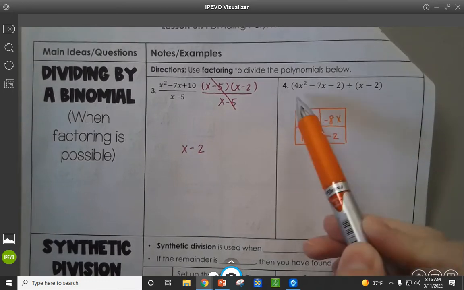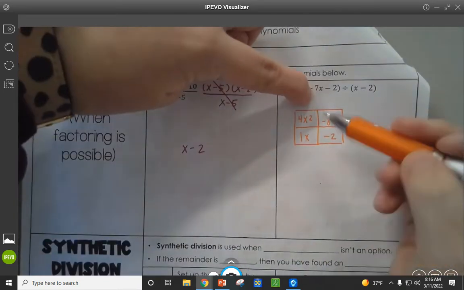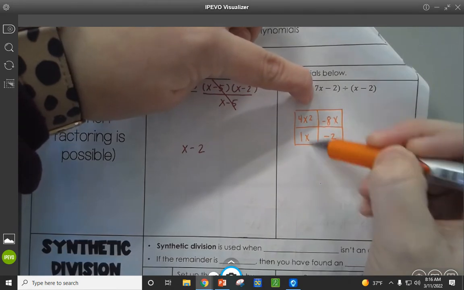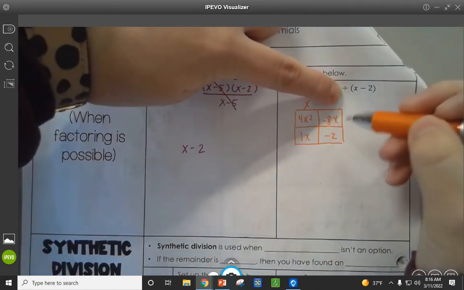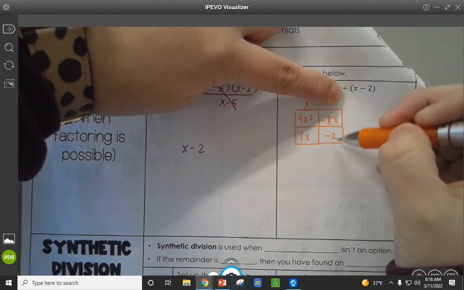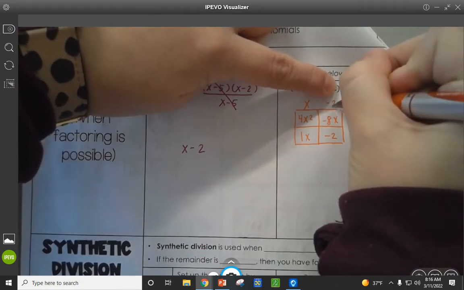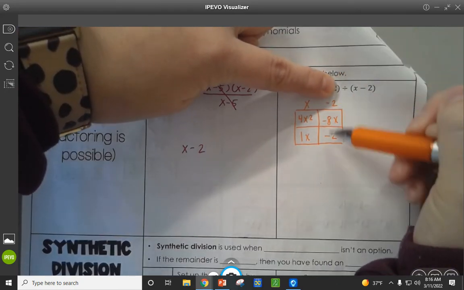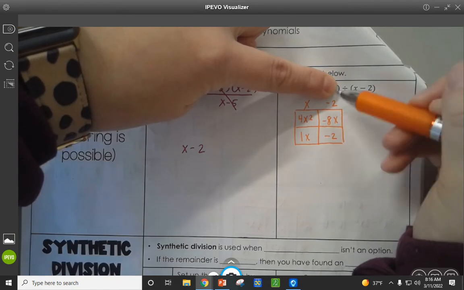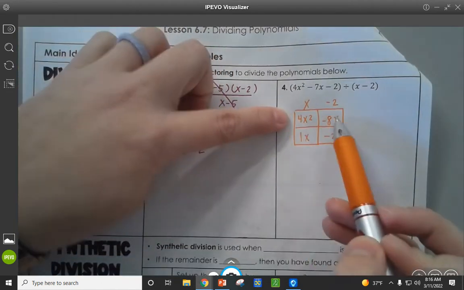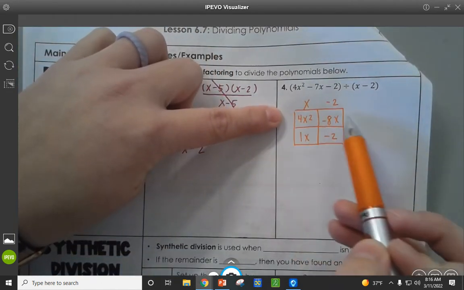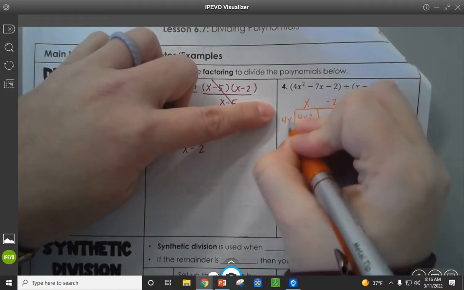And then we do the GCF. So up here, the only thing that these two have in common is an x. Here, it's going to be negative 2. Because my first box is negative, I have to use the negative. What's the GCF of this top row? 4x.